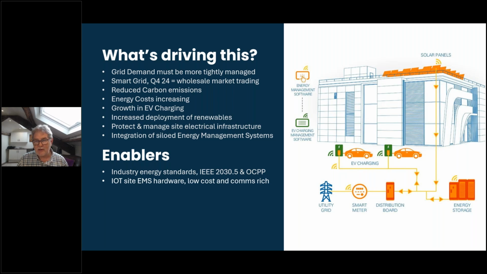The underlying source of data, the data acquisition hardware, is coming down in cost. The sophistication is going up, and the communications options are getting richer. We're now seeing that the two main ways of moving data back from site into a central database will be 4G and LoRa. LoRa increasingly as the network rolls out in the next few years.